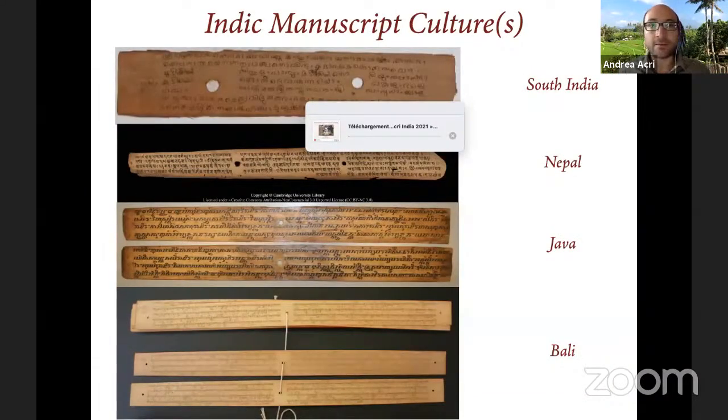So as you can see here, both Java and Bali share the same tradition of India, South Asia, Nepal, etc., with their own local peculiarities, that was exported in the early medieval period.